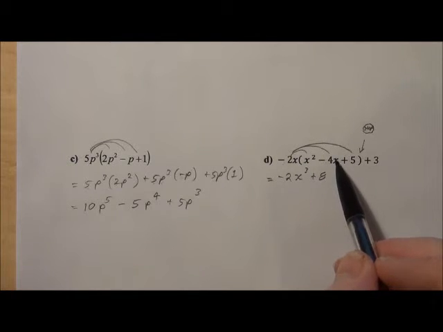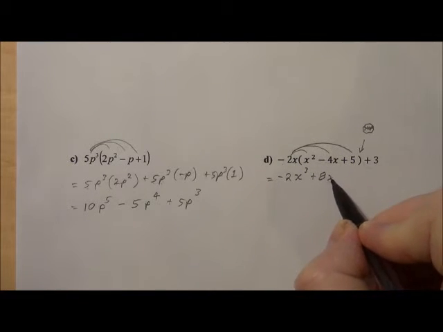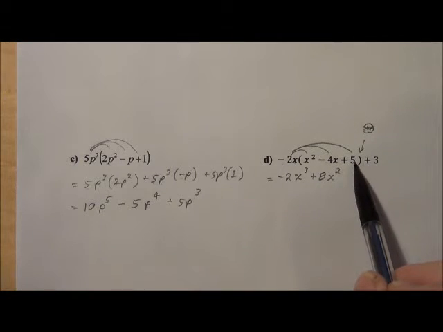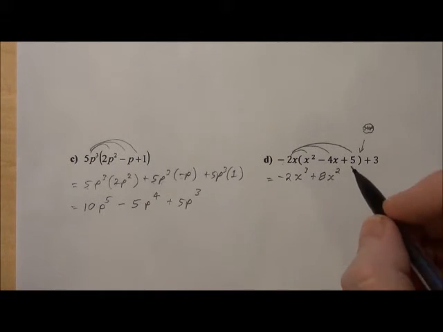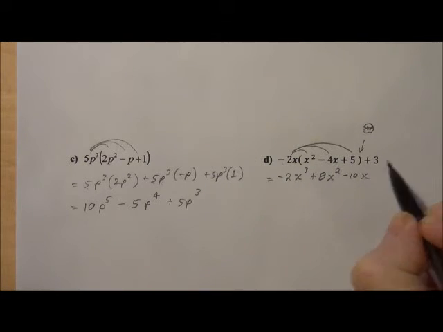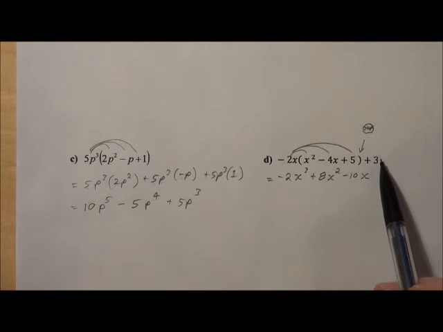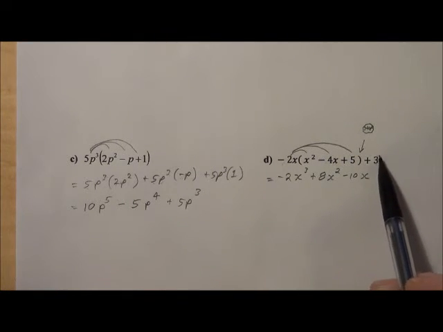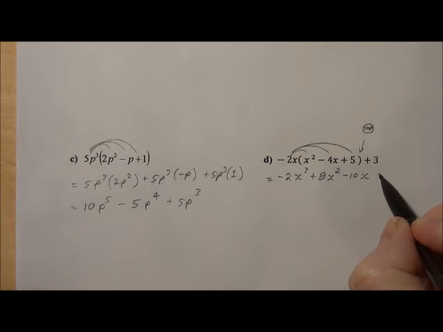Both of these have the exponent 1, so you add the exponents, leave the base the same. Then negative 2x times positive 5. Negative 2 times 5 is negative 10x. We do not expand this to the negative 2x with a 3 because the 3 is outside the brackets, so we just add 3.